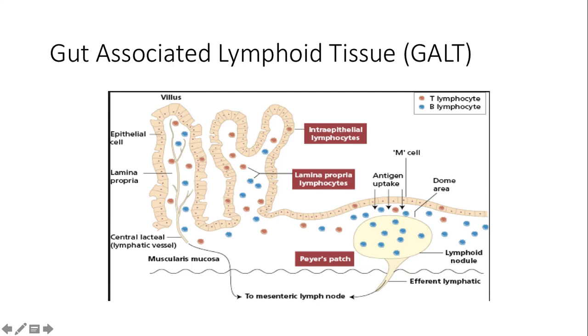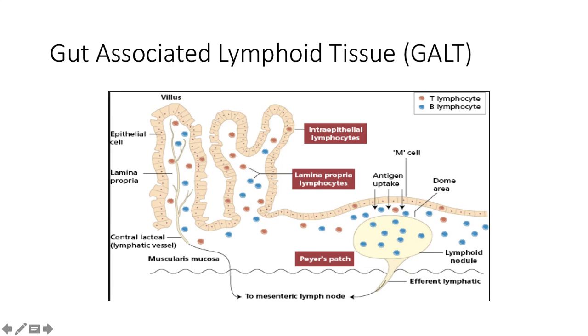Lymphocytes are found in several discrete compartments in the intestine, with organized lymphoid tissue such as the Peyer's patches and isolated lymphoid follicles throughout the intestine, forming what's known as the gut-associated lymphoid tissue. These tissues lie in the wall of the intestine itself, separated from the content of the intestinal lumen by a single layer of epithelium.